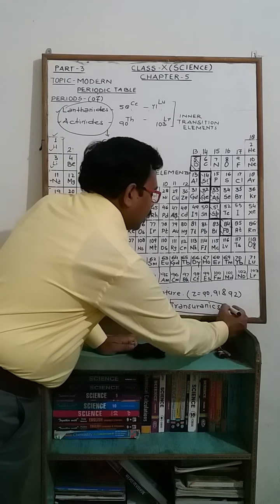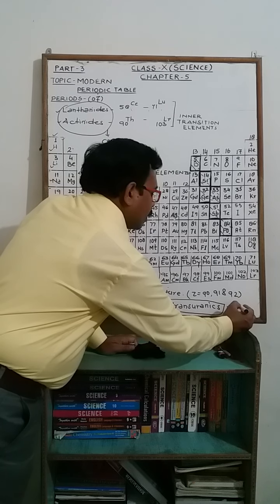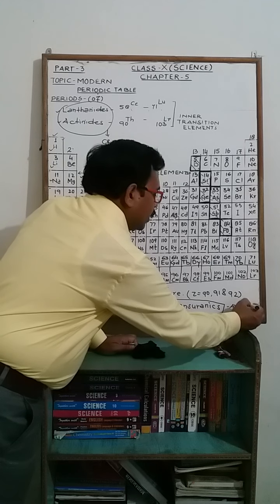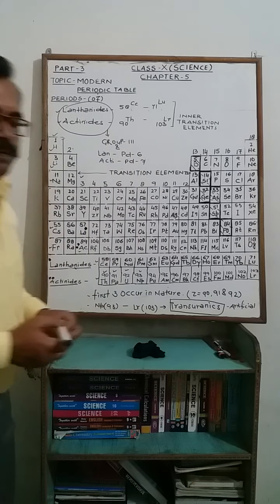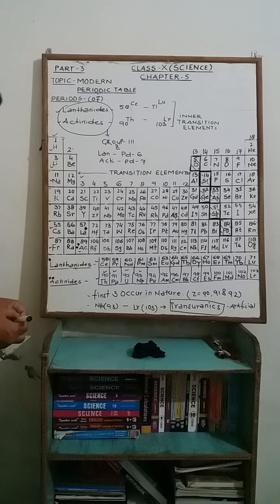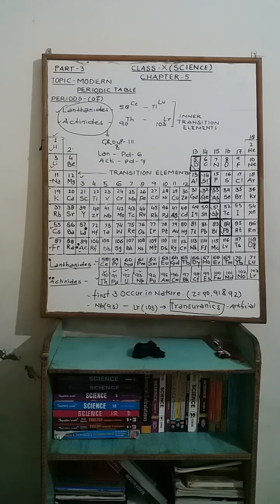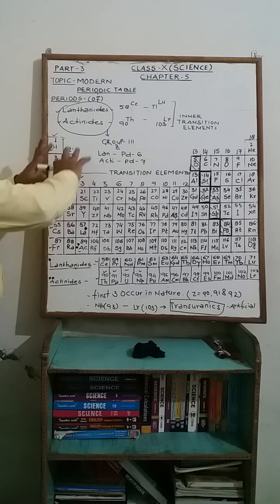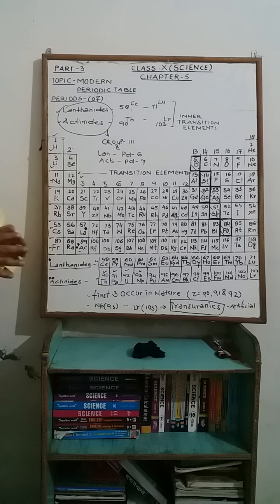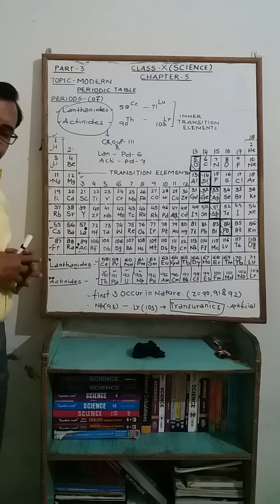These all are artificially prepared through nuclear reactions and known as transuranics. Is it clear? So this is the short or the brief information for the period.